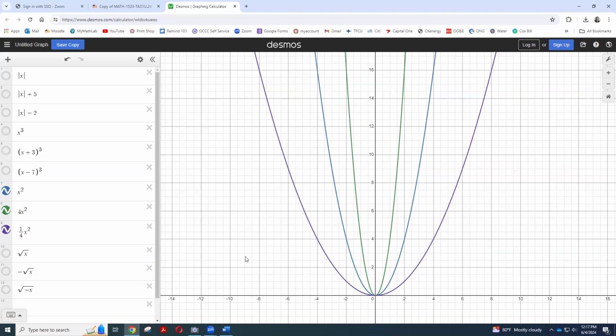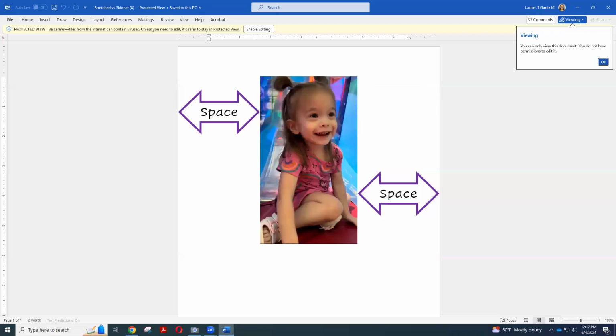And it's easier to tell this with some kind of picture. So here is my picture. This is my daughter. And so you can see here my picture, and I have put arrows here to show you the margins.